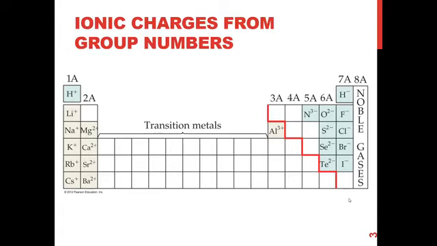In terms of nonmetals, all nonmetals located in group 7A have a 1- charge when they form ions. All nonmetals located in group 6A have a 2- charge when they form ions. And all nonmetals in group 5A have a 3- charge when they form ions. This chart inadvertently omits the phosphorus ion, the phosphide ion, P3-, which also should be shown in group 5A.